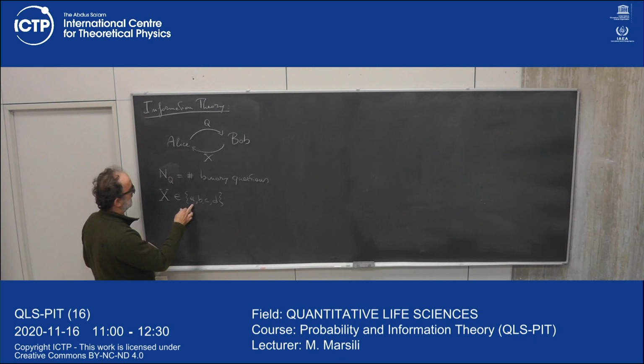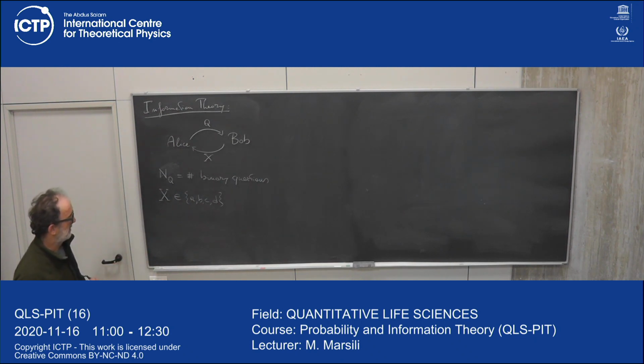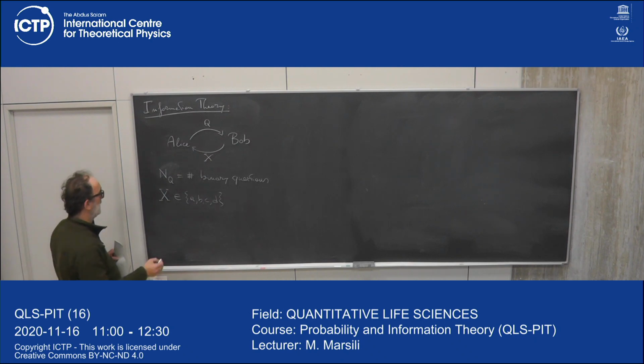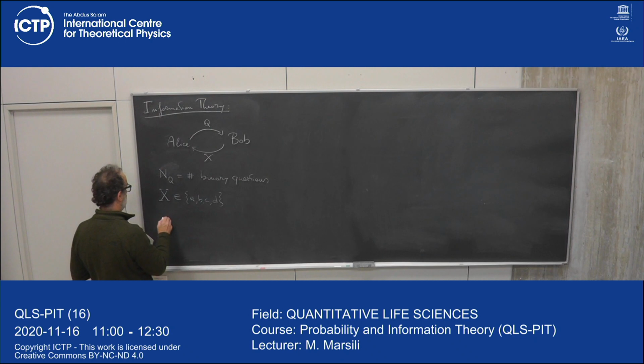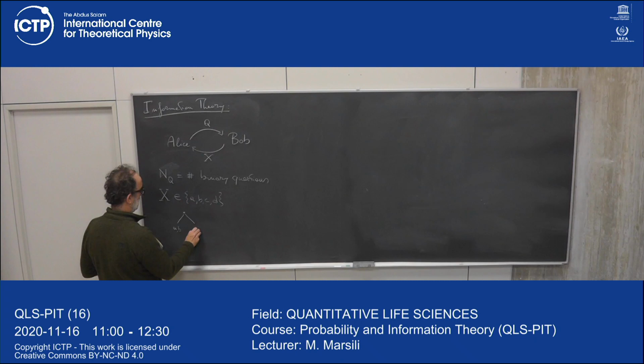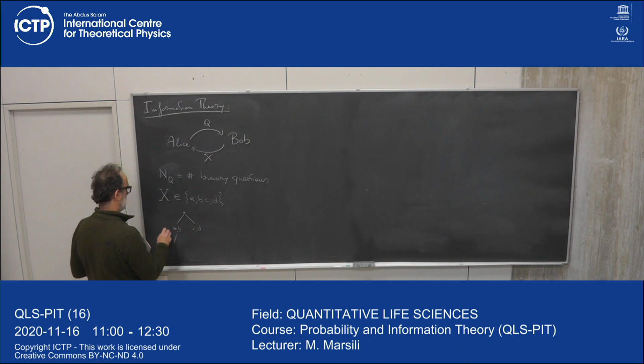So x can be either A, B, C, or D. Then one way to ask questions is that Alice first asks whether x is equal to A or B, or not equal to A or B, which means C or D. This is the first question.